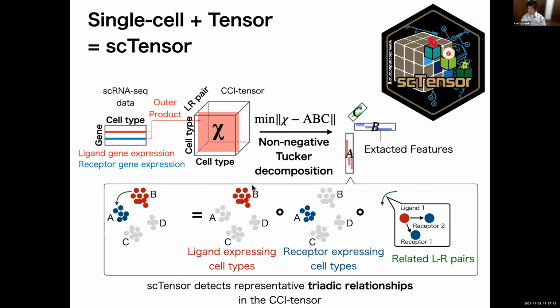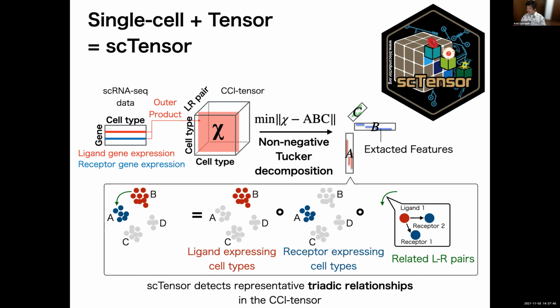And this matrix can be considered as a similarity matrix with all the possible combinations between the cell types. We can apply the outer product to many ligand receptor pairs. So the piled up matrices become a third order tensor. In my study, I call this CCI tensor.